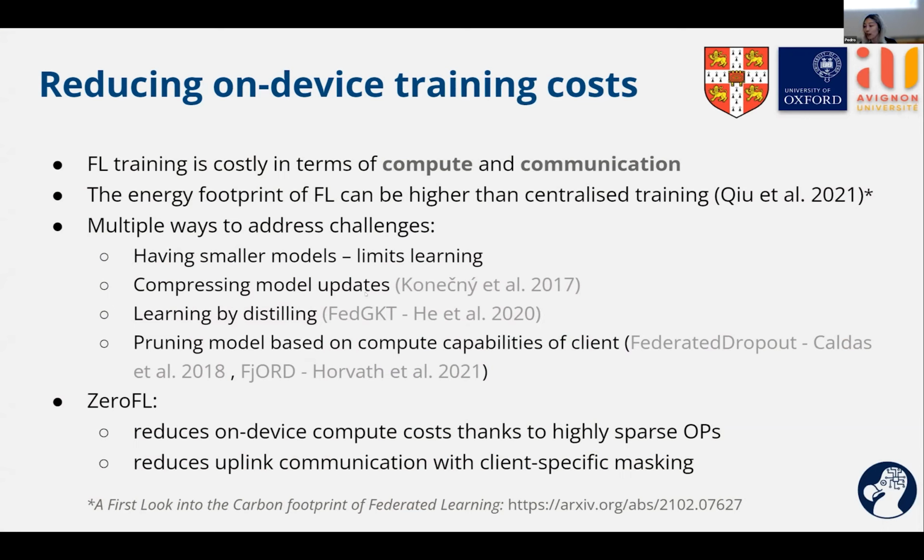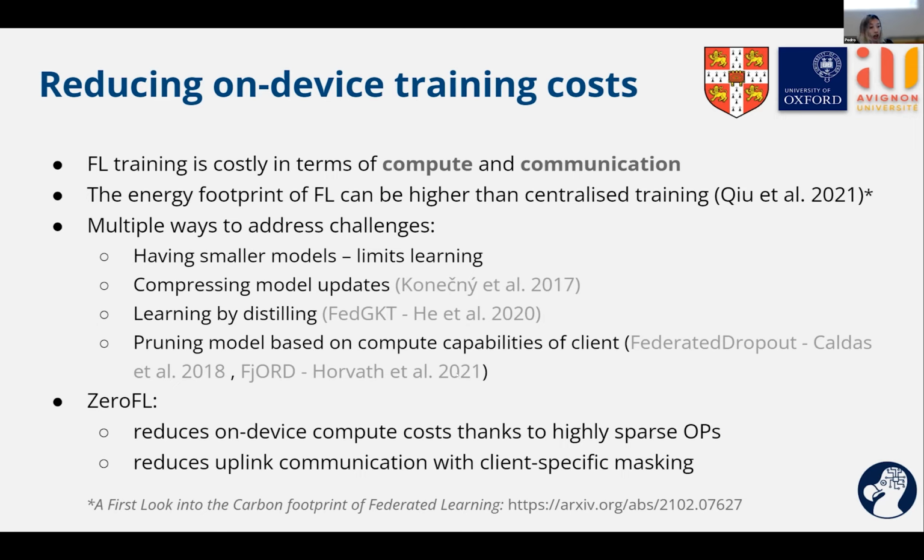For example, using a smaller model to reduce on-device training and communication cost, compressing the model before sending updates to the server, applying different distillation methods on the server, or applying different pruning models based on the compute capabilities of the clients, as listed in different papers.